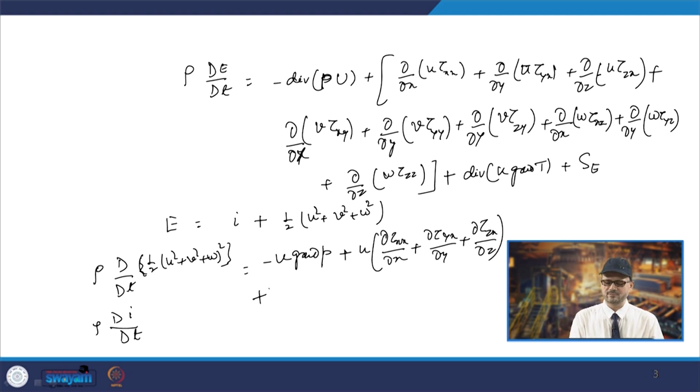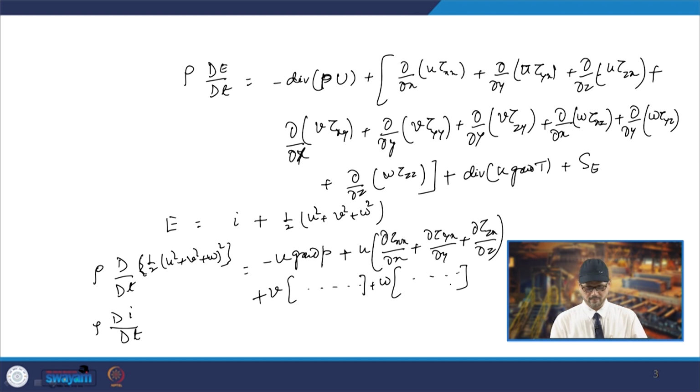Further, you will have v times ∂τxy/∂x plus v times ∂τyy/∂y, and similarly v times ∂τzy/∂z. Similarly, plus w times these components; they will be coming together. So, all these terms will come here, and then you have the u times the source term.